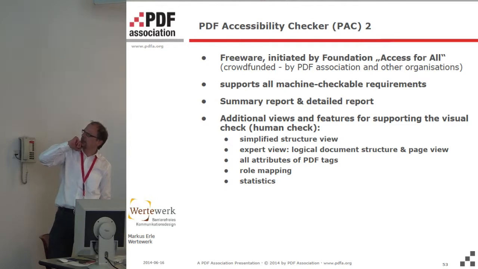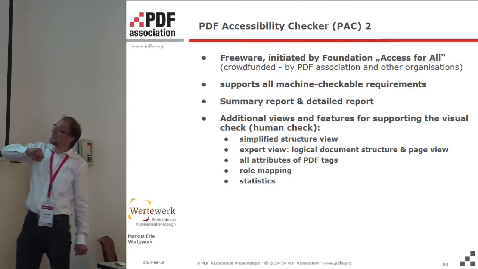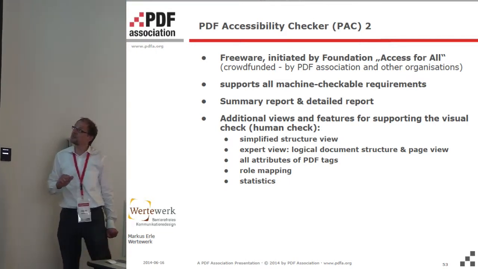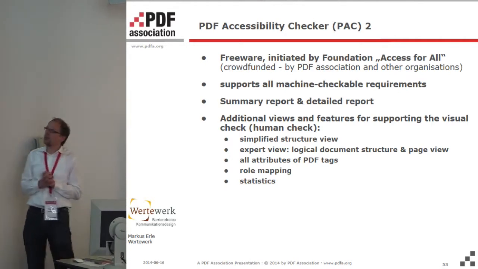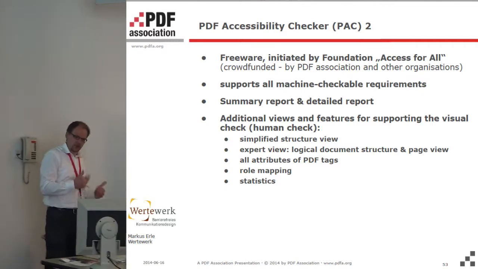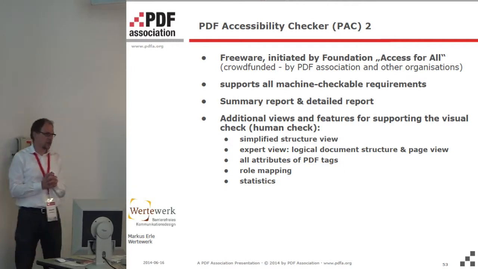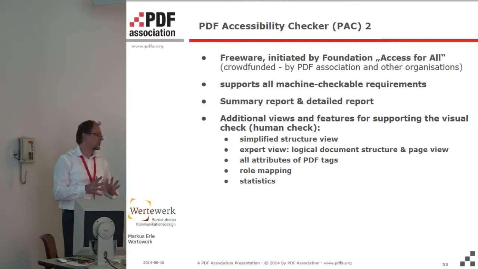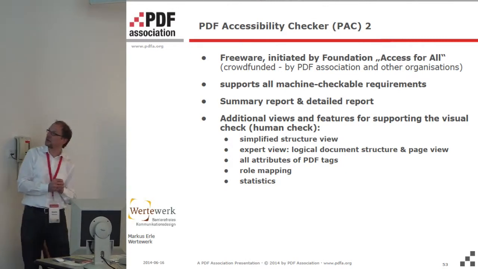For example, a simplified structure view. Expert view, you also have the possibility to analyze the logical document structure in combination with the page view. You can evaluate all attributes of a PDF text. You can evaluate the role mapping, and you have a statistics view. So you have a quick view whether you have a PDF document with rich semantics or not.